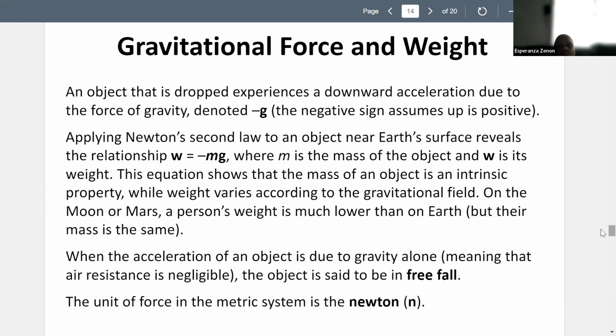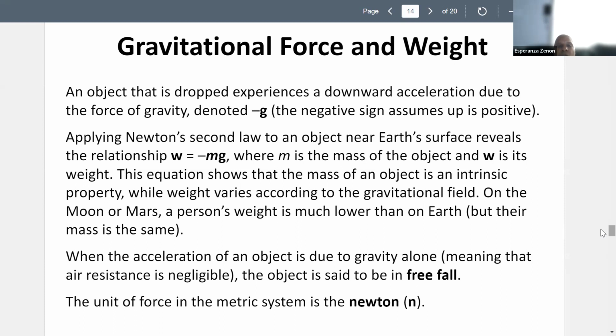And that is that to get an object's weight, you take the object's mass and multiply times gravity. How do you get the object's mass? That's an intrinsic property. You can measure it using a mass scale, and that tells you how much inertia the object has, okay?